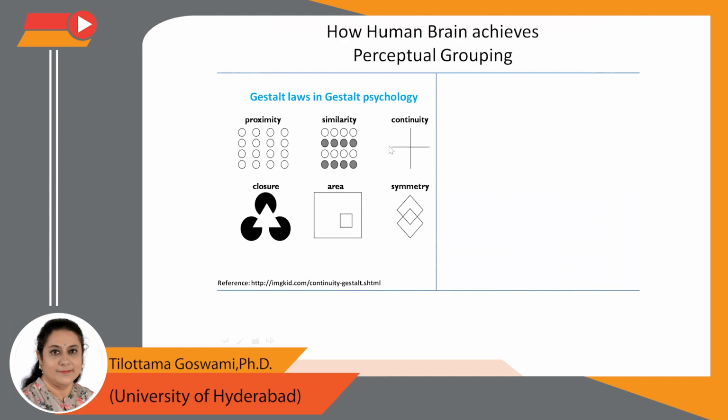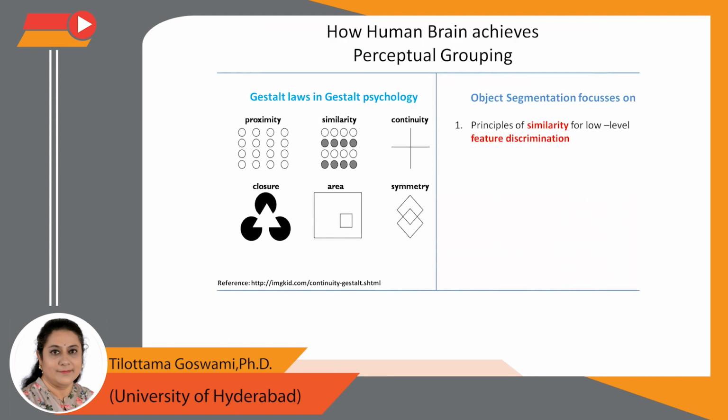Continuity: as humans, we perceive two lines intersecting each other, but it can also mean four lines joining at one point. Closure, where we are able to perceive a triangle which is invisible in the picture. Area, the small one and the biggest one enclosing it, and symmetry. So the object segmentation focuses on these laws.